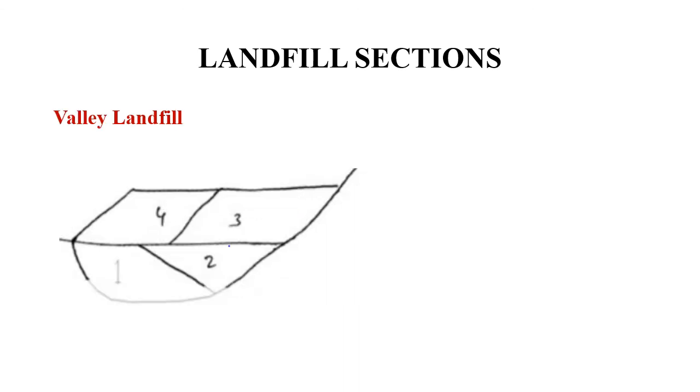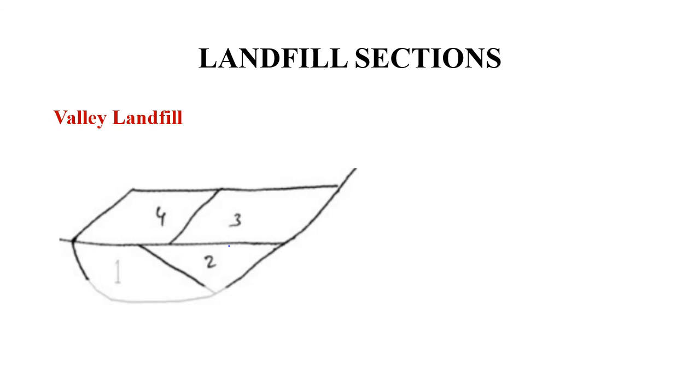Now the last type of section is a valley landfill. If you have depressions, canyons, or only valley type of terrain available to you, then you have to go for such valley landfill sections. Here also one of the main things that comes into play is the surface water.